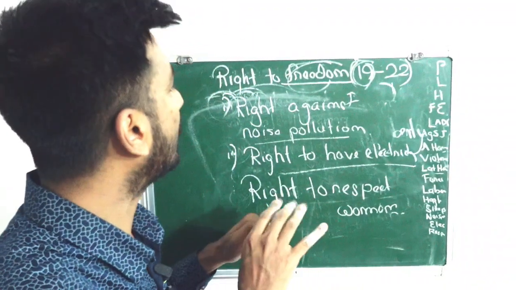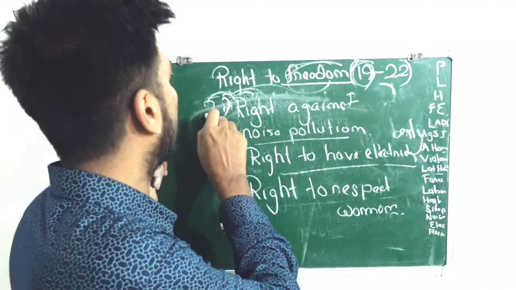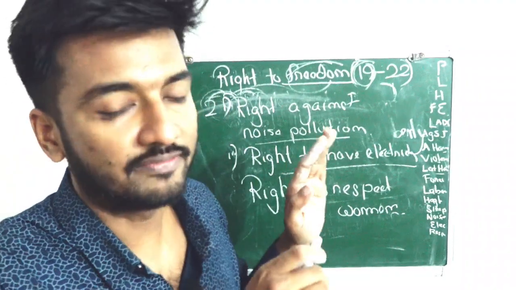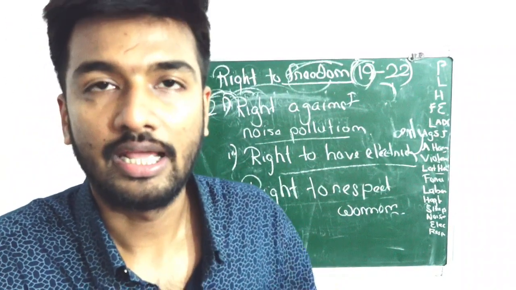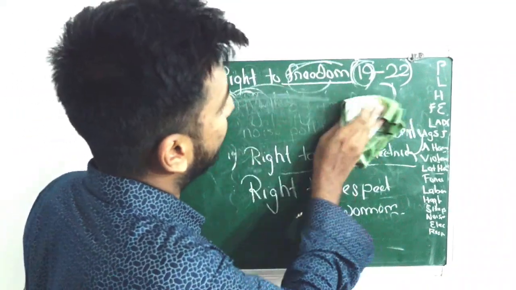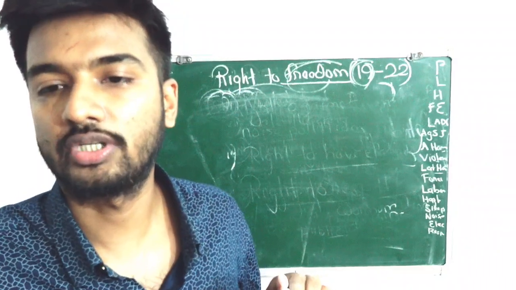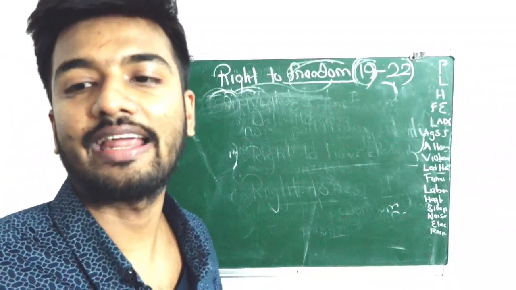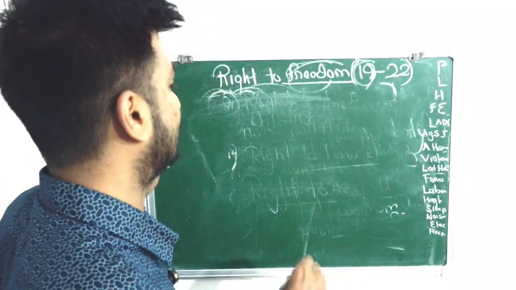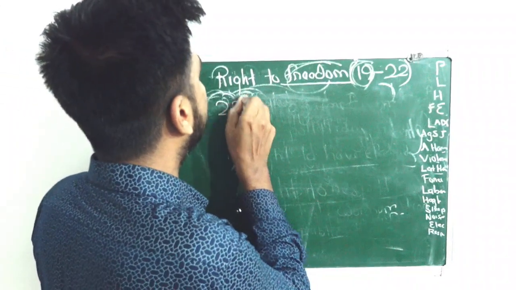Now this is all under Article 21, right to life and personal liberty. And the last article is Article 22, protection against arrest and detention in certain cases.